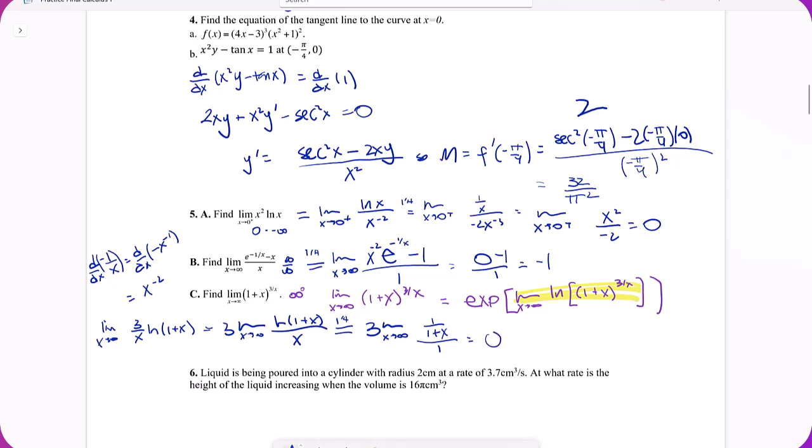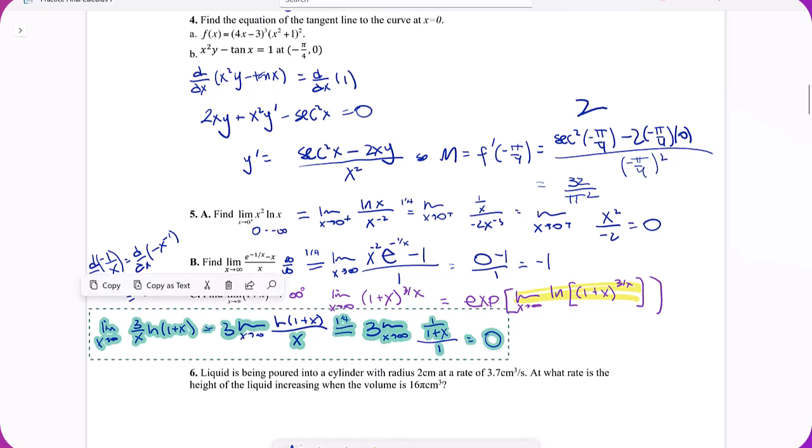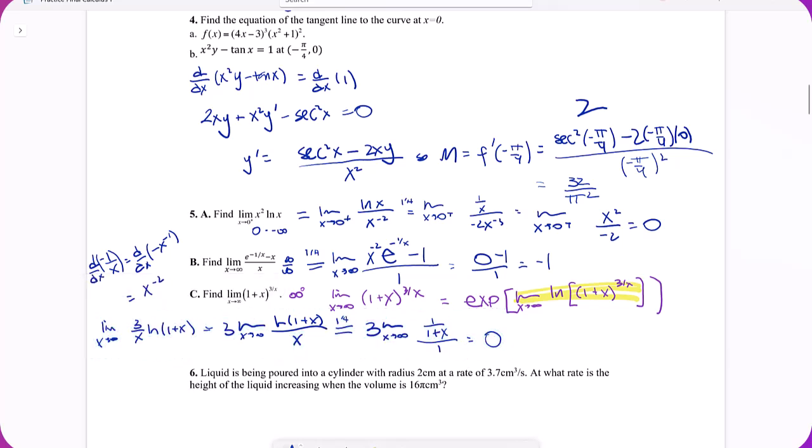Right, so that's going to be nothing but a 0, right? So our final answer then is going to be the limit as x goes to infinity of the whole thing will be e to the 0, which is 1.